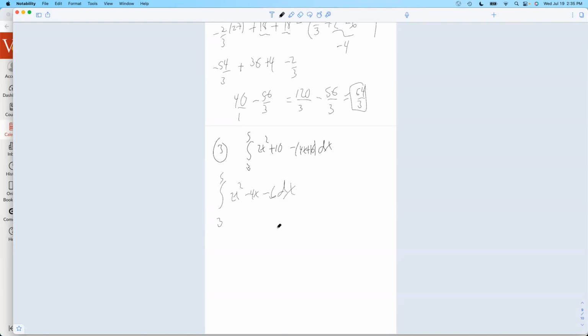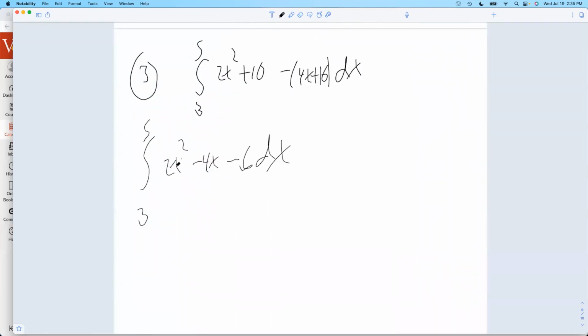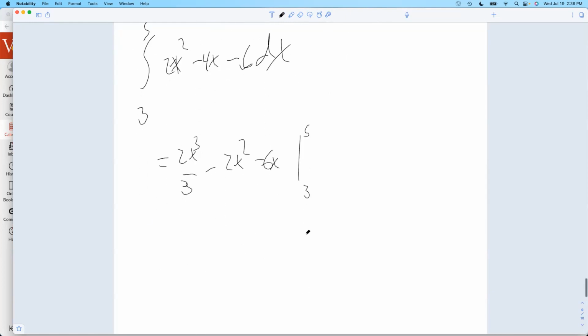Okay. Now, let's do it. So this would be 2x cubed over 3 minus 2x squared minus 6x evaluated from 3 to 5. Plug in the top. 5 cubed is 125, so 250/3. 5 squared is 25, so minus 50 minus 30, 5 times 6.